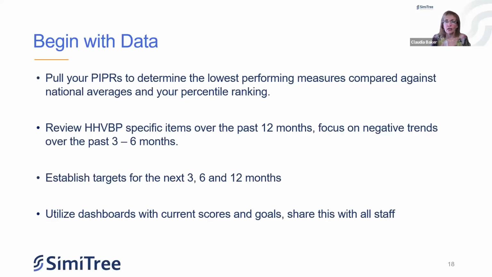Okay, so where do you begin? How do you get better at this? Begin with this data. It's the whole point of our conversation today, other than looking at a picture of my dog. Today, if you haven't already, you've got to pull these PIPR reports, look at your lowest performance measures, and compare them against the national averages and those percentile rankings, because we're looking at it against the whole national ranking.